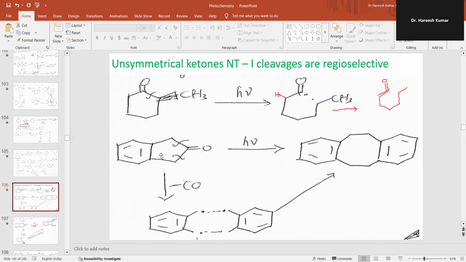So here, this is again a symmetrical ketone. This is not the unsymmetrical ketone. This is the only unsymmetrical ketone. In the symmetrical ketone, alpha cleavage forms a dimethyl benzene radical. This dimethyl benzene radical undergoes dimerization, forming dibenzocyclooctane as the product.